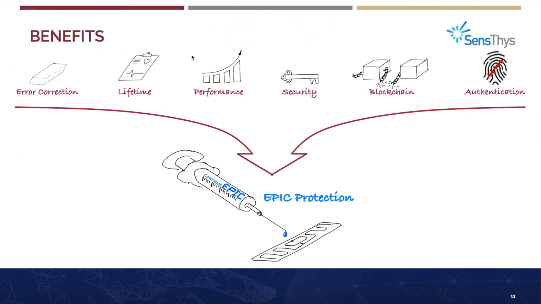And then another thing we do with Epic is we actually have a customer key as part of the technology and as part of the solution. And this customer key, as the name implies, is unique to each customer. So this allows us to optionally provide some additional levels of security and privacy with the data that's stored on that tag.